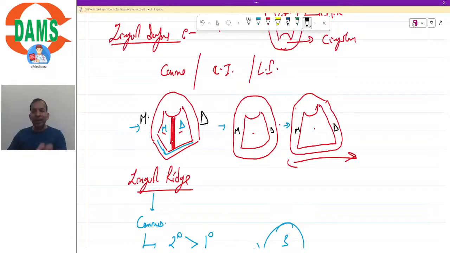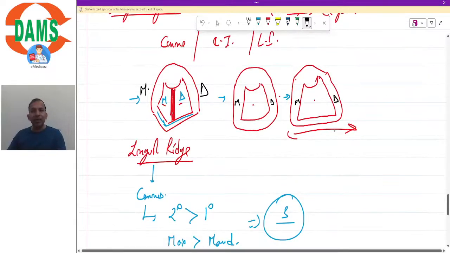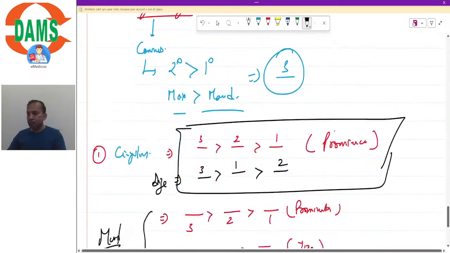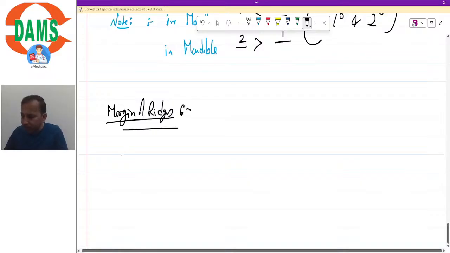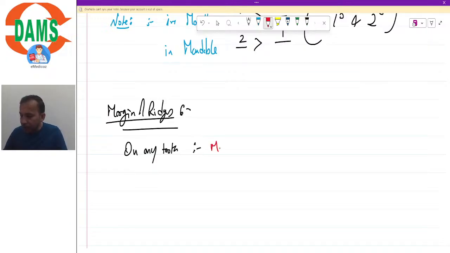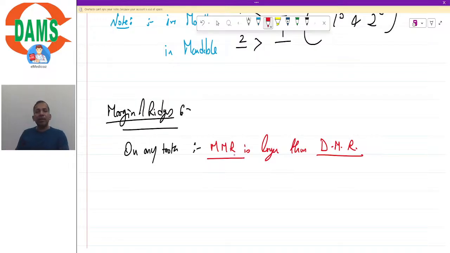So, on any individual tooth, the mesial marginal ridge is larger than the distal marginal ridge, right? It is larger than the distal marginal ridge.